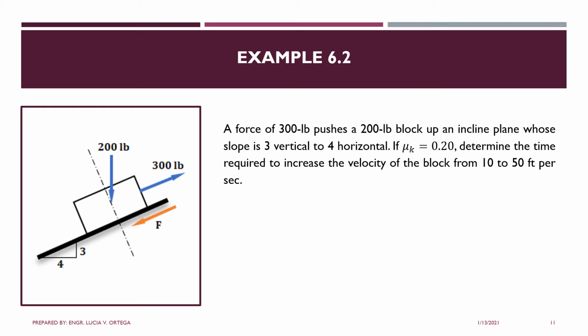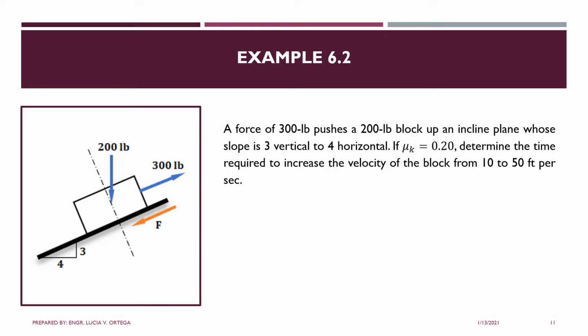So this is the diagram. The weight of the block is 200 pounds. The inclination is 3 vertical, 4 horizontal, so the hypotenuse would be 5. So we rotate the axis. This would be the y-axis normal to the inclined surface, and let the x-axis be parallel to the incline.